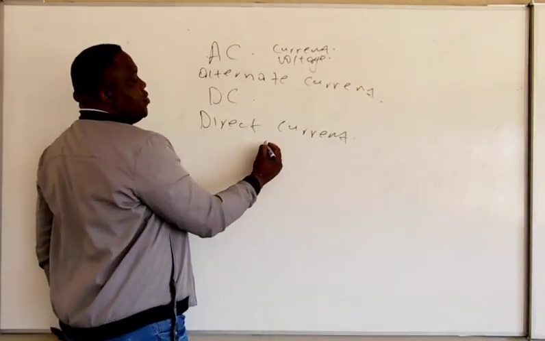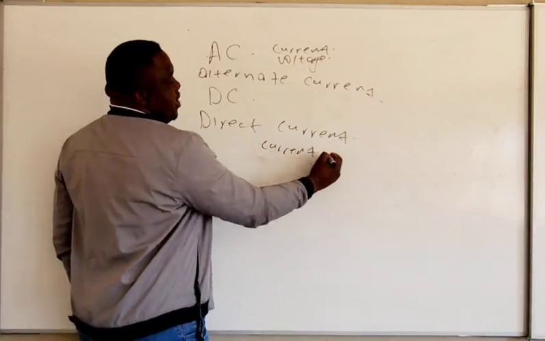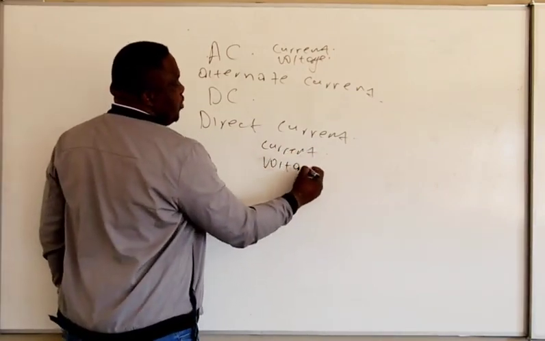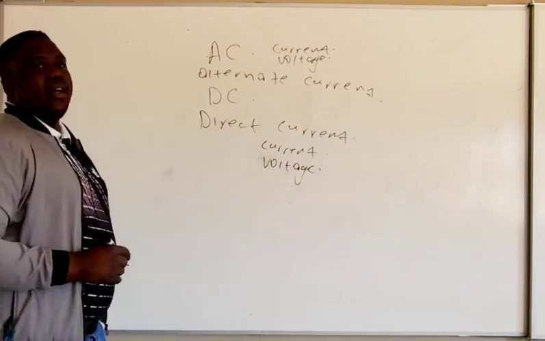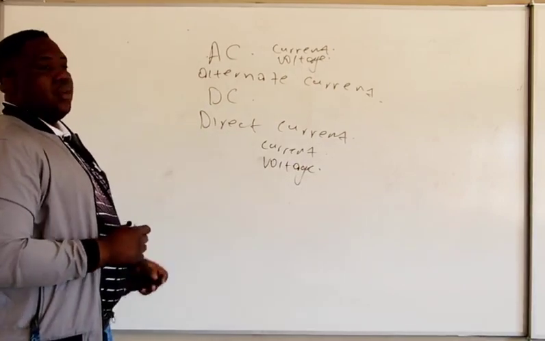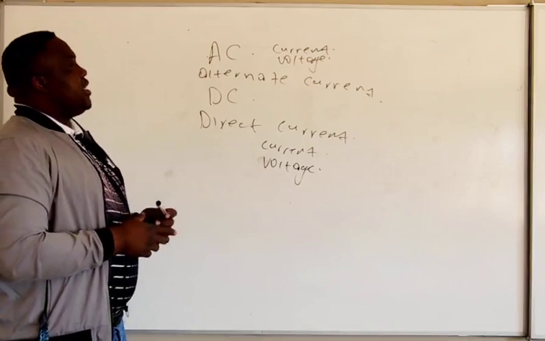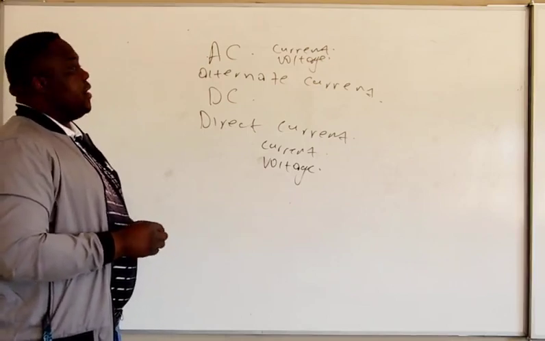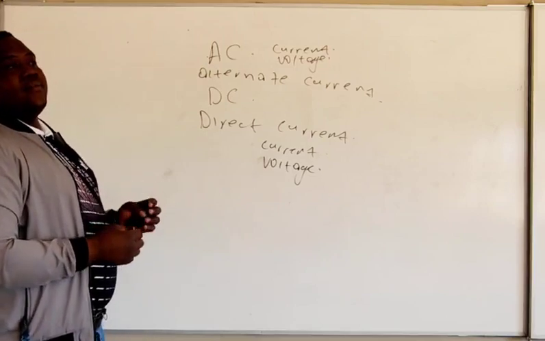Even for the DC, we're going to talk about current plotted against time and voltage plotted over time. So, let us start from the graph of AC current.